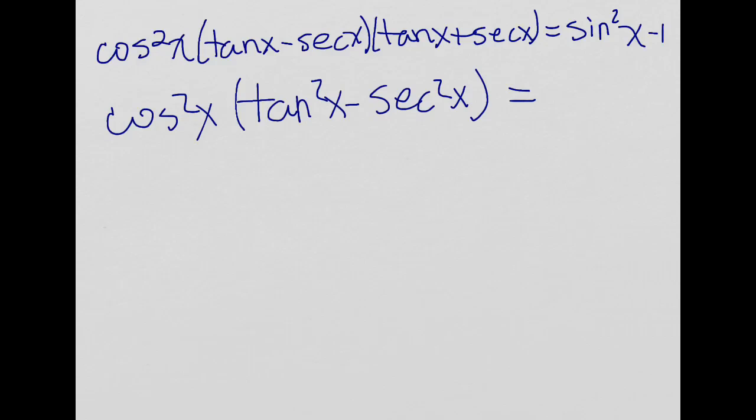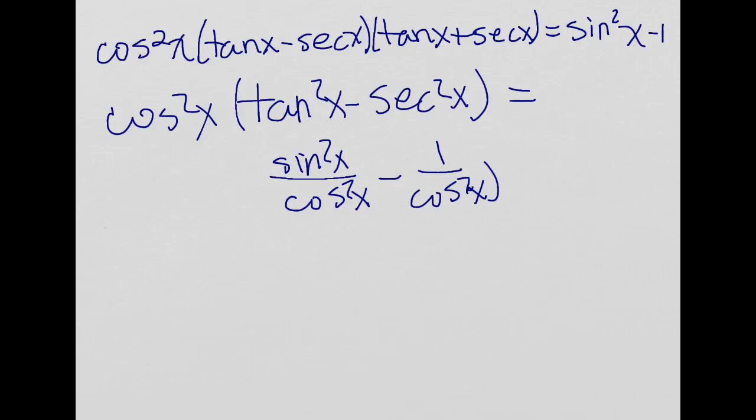Let's see, I'm trying to get the sine squared x minus 1, so I'm going to change tangent and secant to something with sine and cosine in it. Tangent squared x is equal to sine squared x over cosine squared x. Secant squared x is equal to 1 over cosine squared x. And I'm just going to bring cosine squared x along.